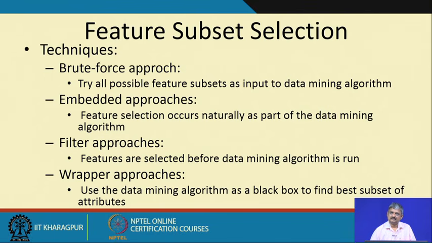These are the approaches. What you basically do is try out all combinations of features, find out which one is best, and select that. How do I determine which is best? By seeing some criteria, feature evaluation criteria. There are many ways, like the embedded approach, filter approach, wrapper approach, which would find out the best subset.